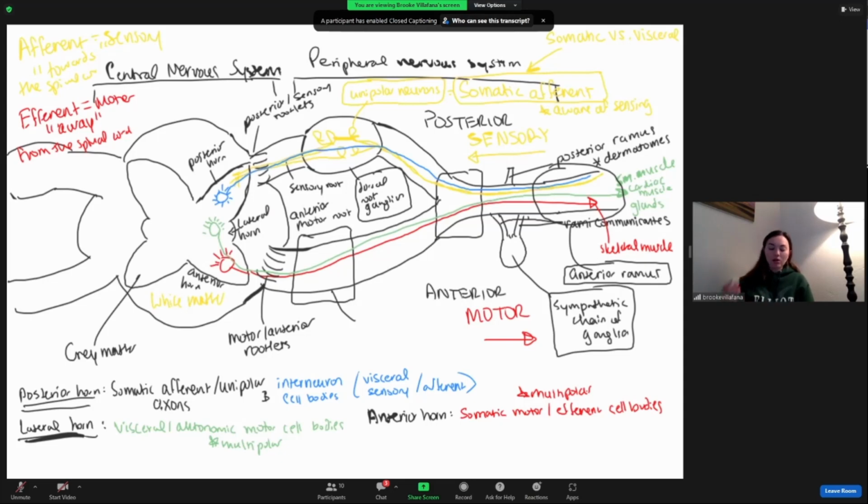So if I tell you multiple anterior ramuses join up together, you can picture how sensory and motor information from different parts of your spinal cord are all coming into one. And that's called a nerve plexus.